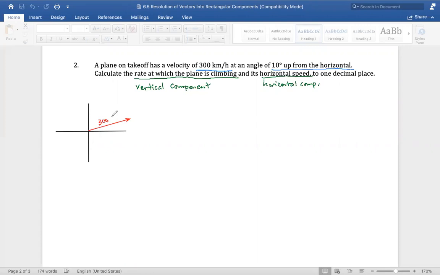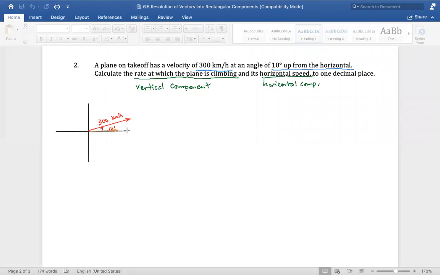So 300 kilometers per hour, I have my 10 degrees up from the horizontal with my arrow, and now I can label my horizontal and vertical components, which are vectors.